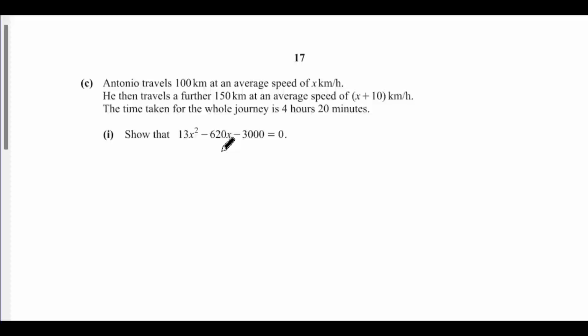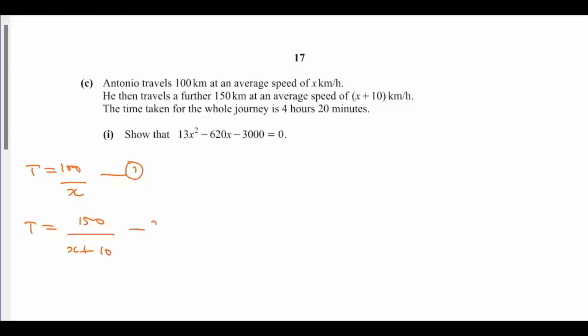So from here we know that speed equals distance over time taken. For the first one, we're going to have time t equals 100 over x. We can call this equation 1. For the second one, we have time equals 150 over x plus 10.